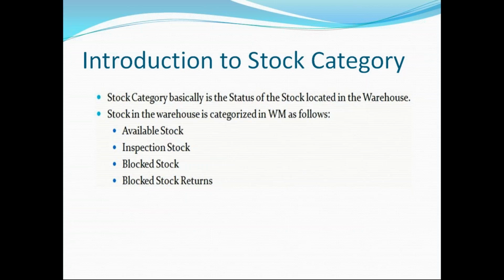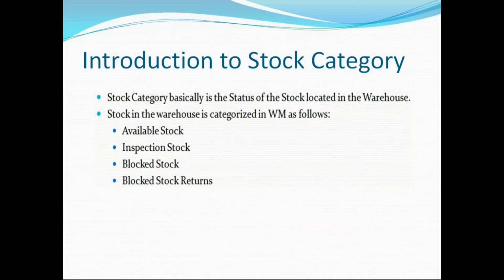Stock category basically is the status of stock located in the warehouse. There are basically four statuses of the stocks. One is available stock, that is nothing but the unrestricted stock. Then the inspection stock, blocked stock, returns.